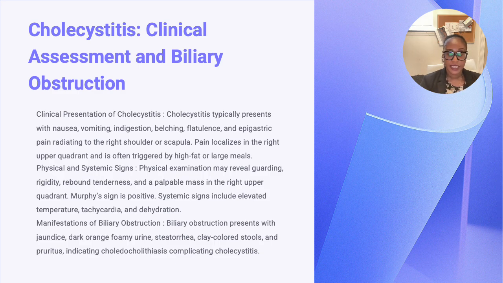The Murphy sign is positive, and systemic signs include elevated temperature, tachycardia, and dehydration. Manifestation of biliary obstruction present with jaundice, dark orange foamy urine, as I mentioned, steatorrhea, clay-colored stool, pruritus or itching, indicating complicating cholecystitis. Okay.